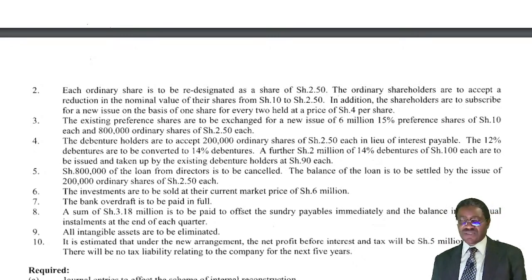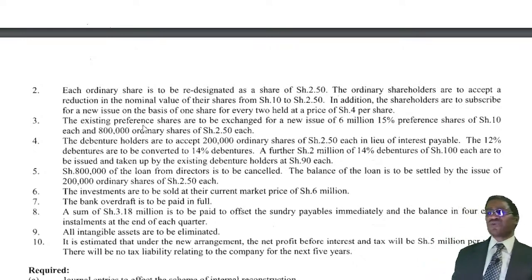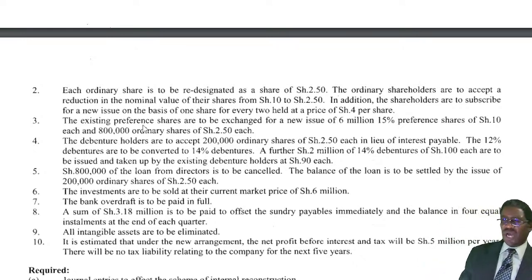So let's start. There are 2 parts to that note 2. The first part, they are saying ordinary shares are to be reduced from 10 shillings to 2.5. You need to go back to the question and find out how many shares we had.